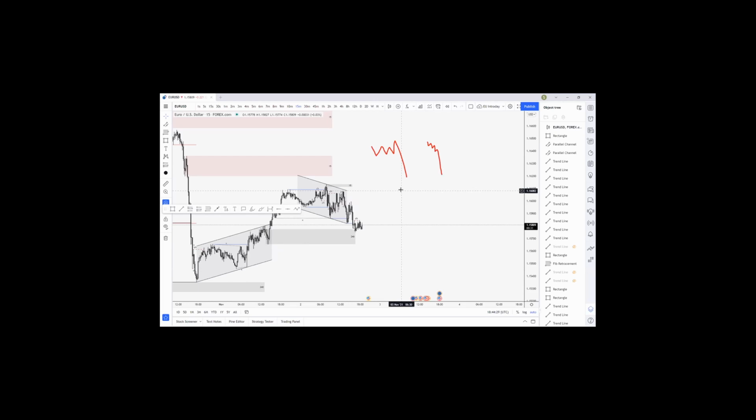A weak low forms like that. So if you're getting in trades here, how is this low formed compared to this high? Which one here is more likely? It looks more likely to get run. All of this liquidity here looks far more likely to get taken out than this high, because this high has formed aggressively.